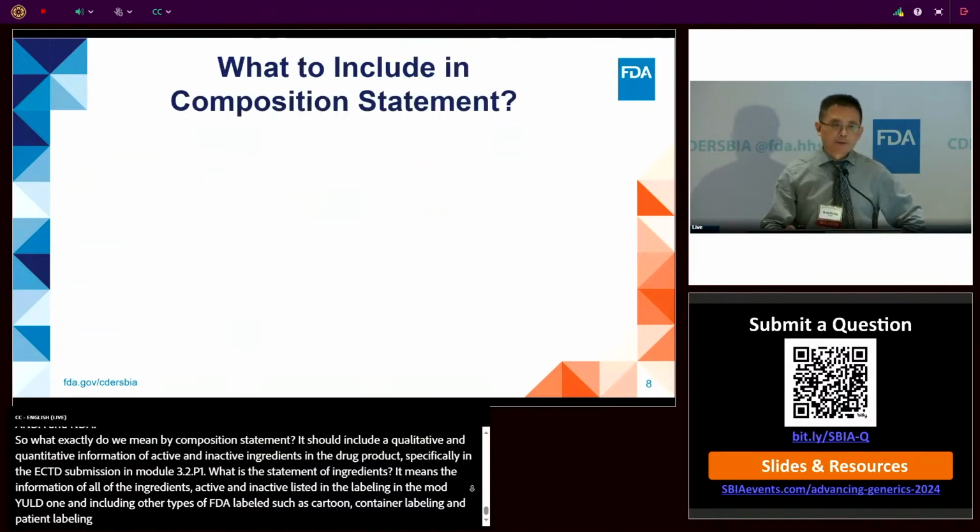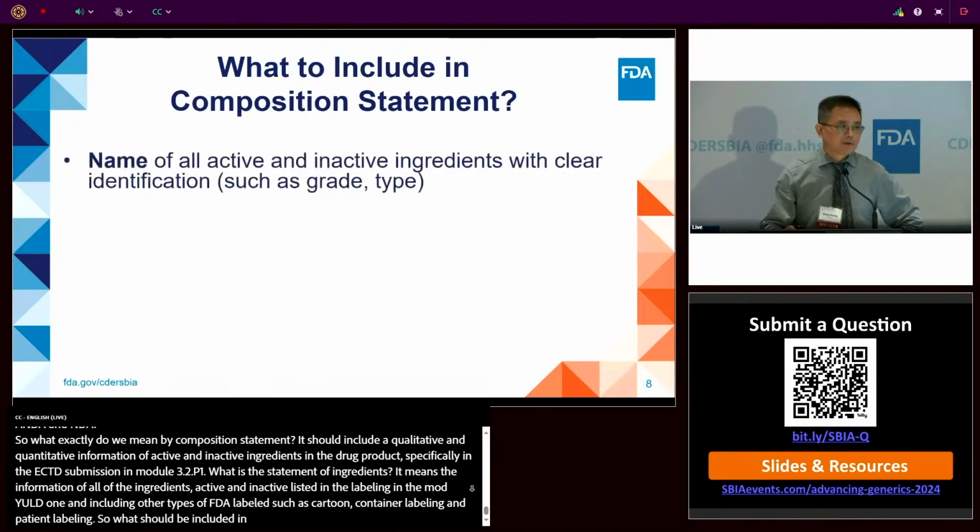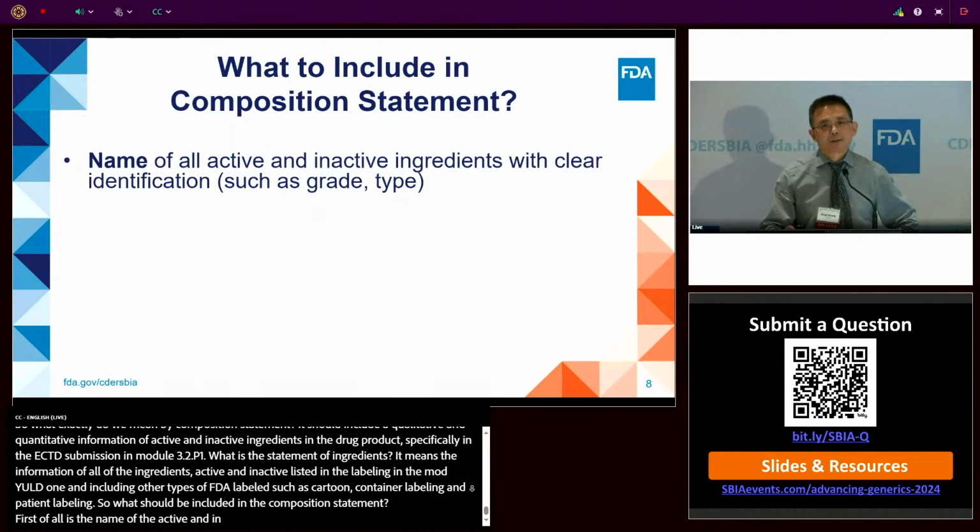So what should be included in the composition statement? First is the name of all the active and inactive ingredients with clear identification, such as grade and type.